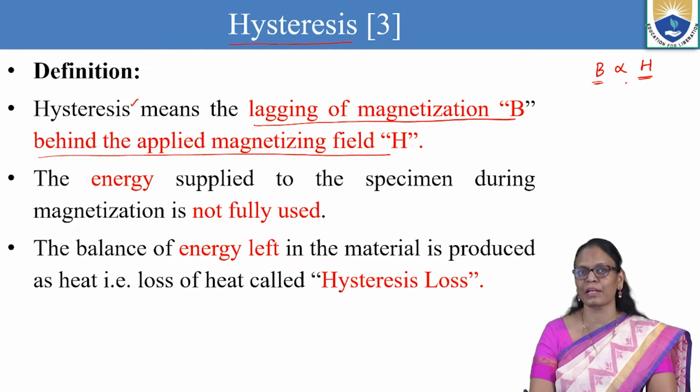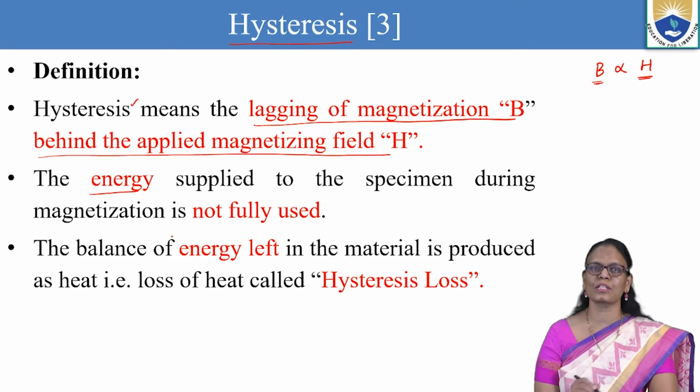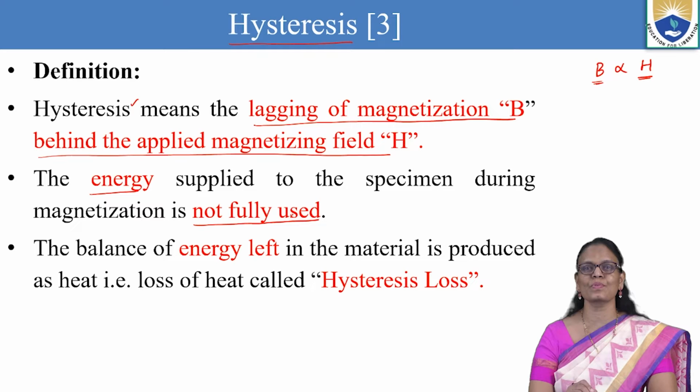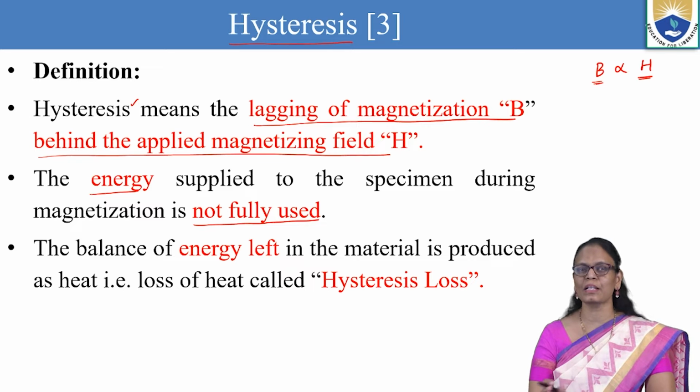They are lagging behind because the energy that is supplied to the specimen during magnetization is not fully used. Whatever energy we supply to magnetize the specimen, some of it is lost.